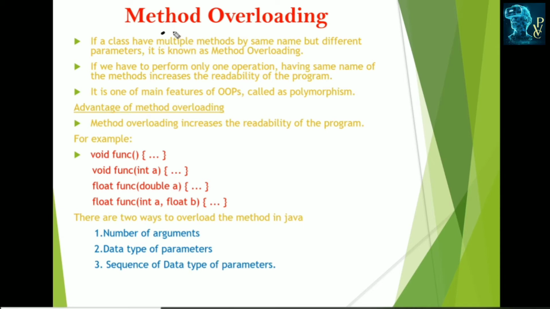What is the meaning of that? We are overloading the methods. If a class has multiple methods with the same name but different parameters, it is known as method overloading. If we have to perform only one operation, having the same name for the methods increases the readability of the program.